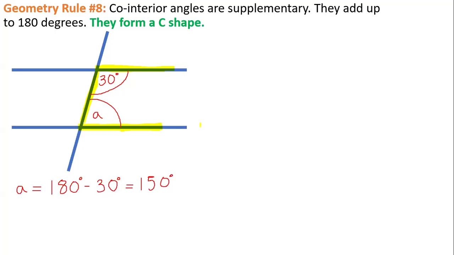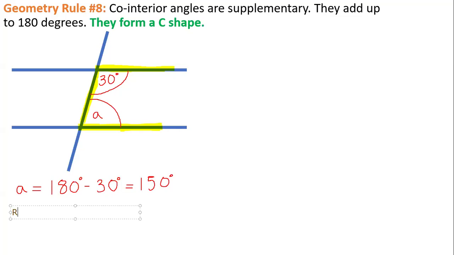Mr. Petty, how come you didn't ask us why we're using 180? Oh, the reason, okay. Why are we using 180? Because all the angles add up to 180 degrees. No. Because supplementary angles on a straight line add up to 180 degrees. Nope, that's not the reason. Why are we using 180?